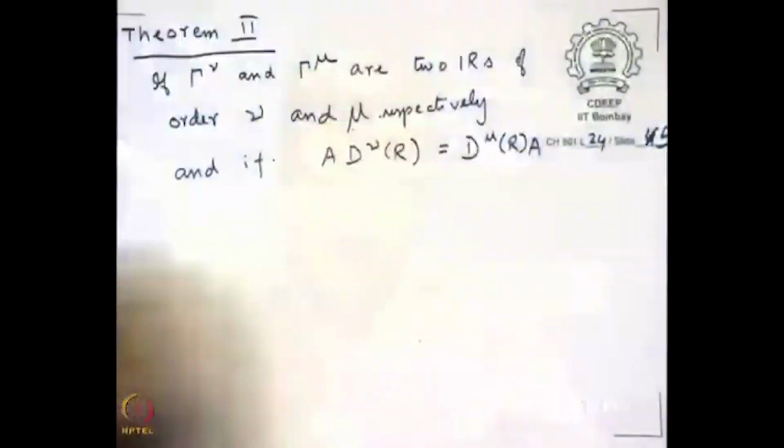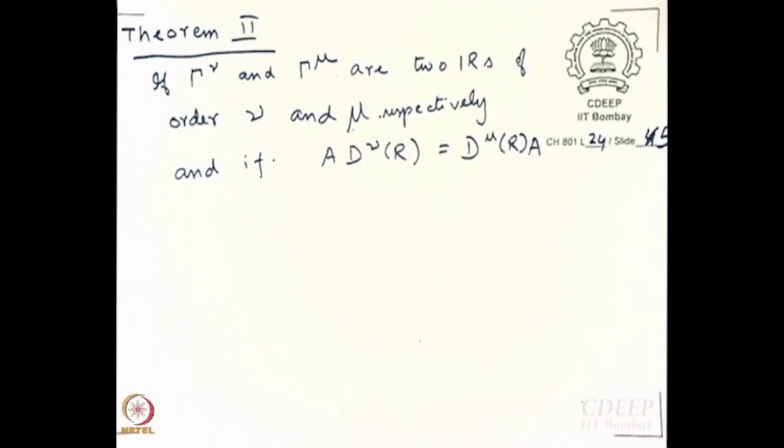See, it's going to be square only if n nu equal to n mu, right? The orders are the same. Or rather, dimensionalities of the two representations are the same, let us put it that way. Order, when we say order, we actually mean the whole group. So, if the dimensionalities of the two representations are the same, then and only then is A going to be a square matrix.